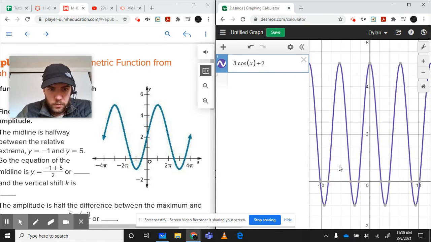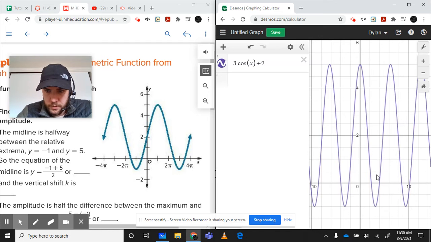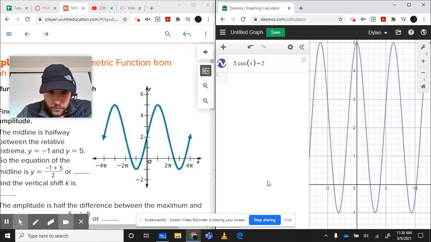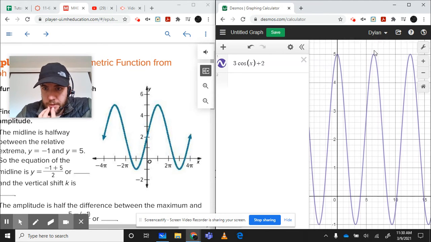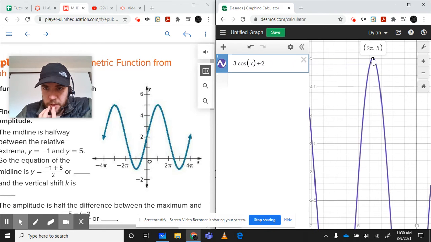Okay, now let's try to get our period correct. I think we're looking kind of good already, are we? Let's check. So our period right now, we go down and then we come back up, and the full period is accomplished at 2 pi.